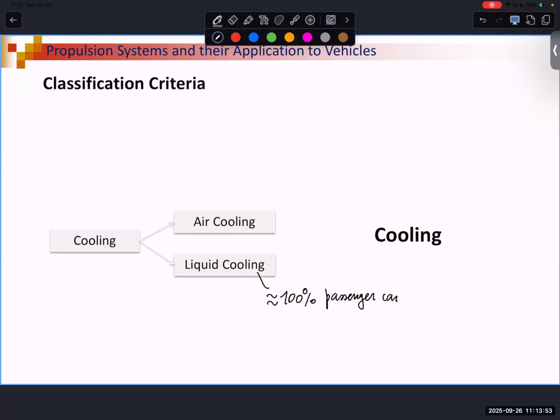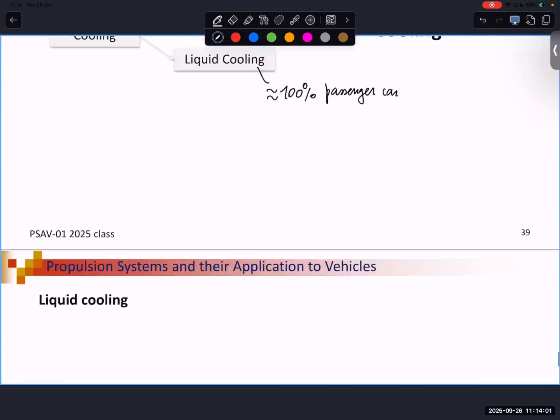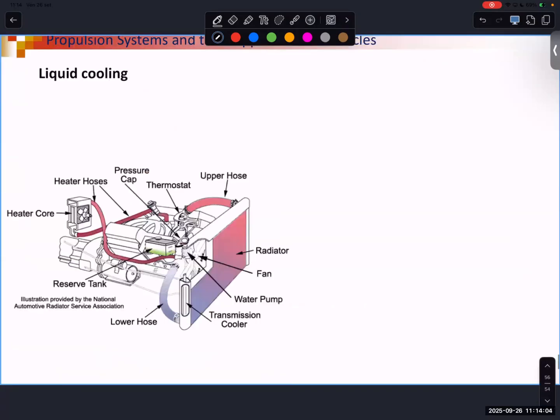So we can consider liquid cooling for all passenger cars, light-duty vehicles, heavy-duty vehicles that we described. In the liquid cooling, we have a system that we will describe, we will dedicate a few hours to the description of this. There is a coolant that is used to avoid that the temperature of the metal parts becomes too high.